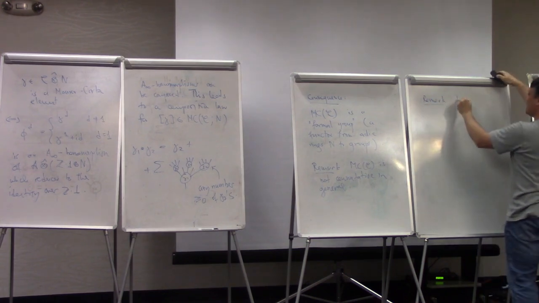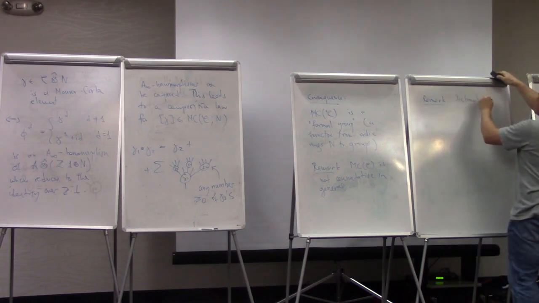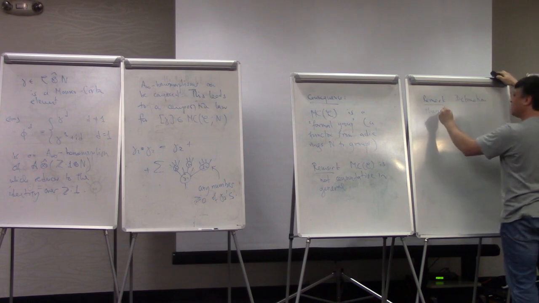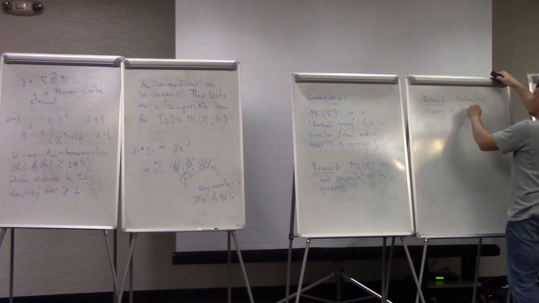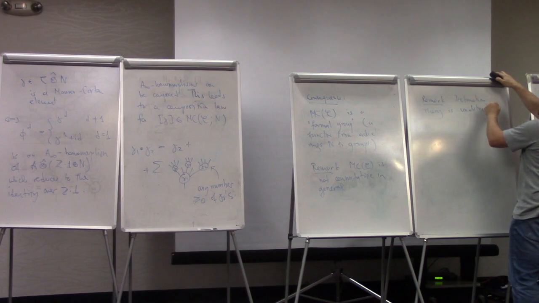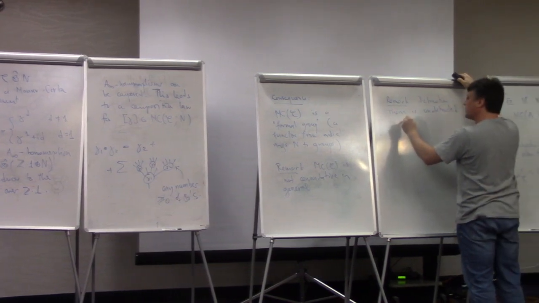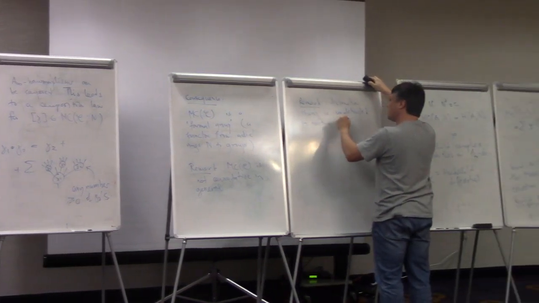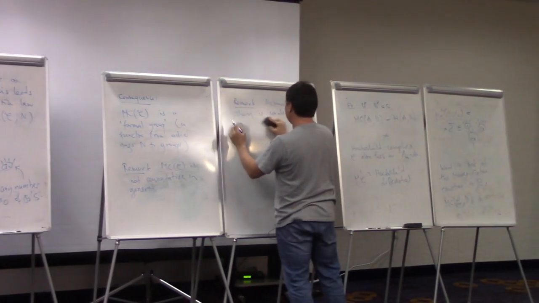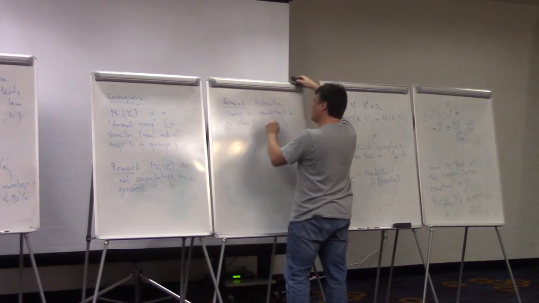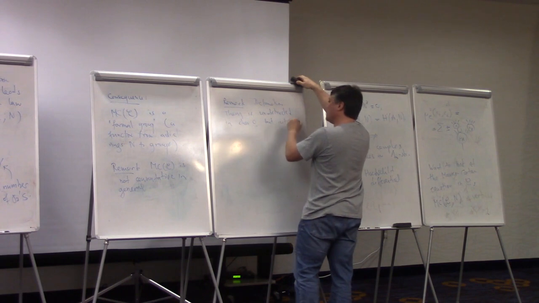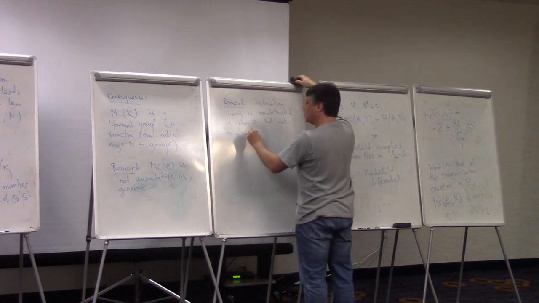Okay, so the deformation theory is unobstructed in characteristic zero, but not in characteristic greater than zero.